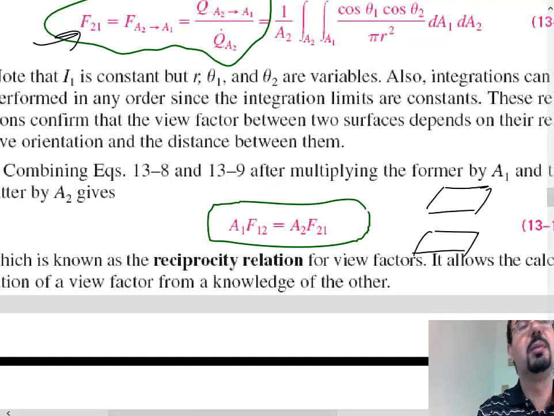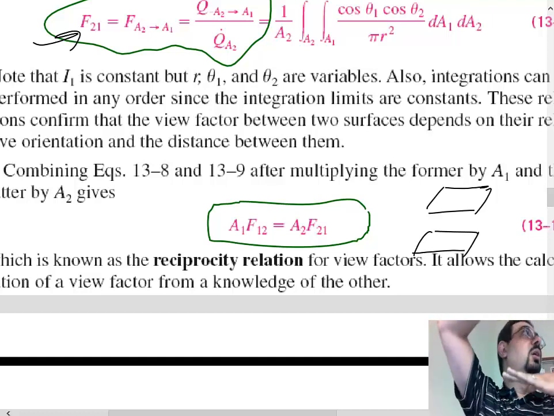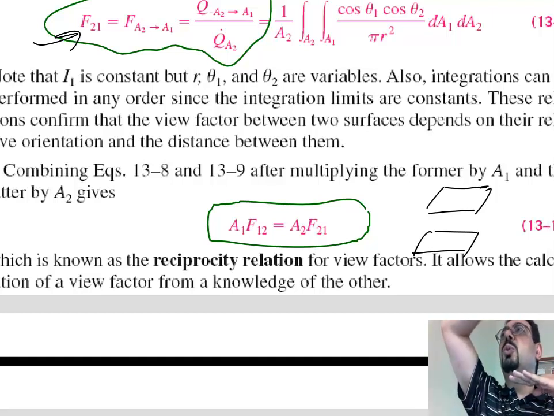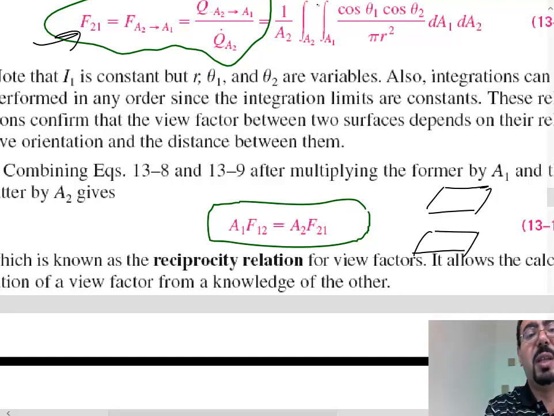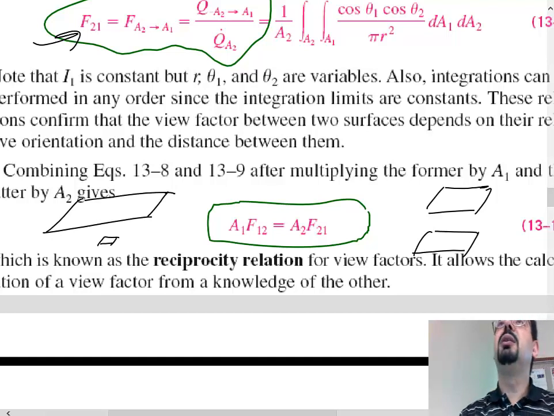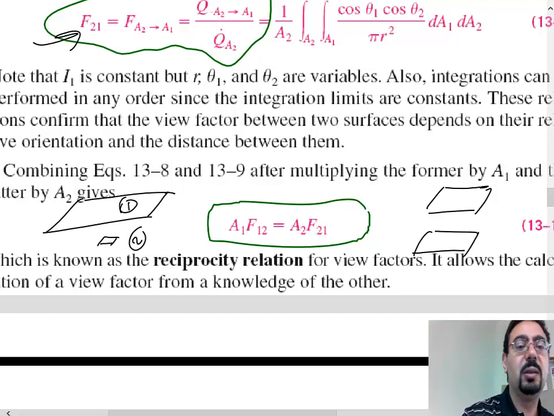Something like this, you know, they are basically looking at each other. I bet F12 will be the same as F21 when we prove this. But if it's something like this and something like this, you can guess right now that probably F12 is not the same as F21. Right?